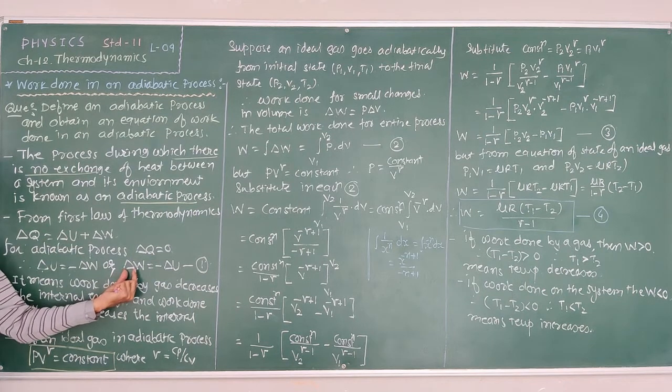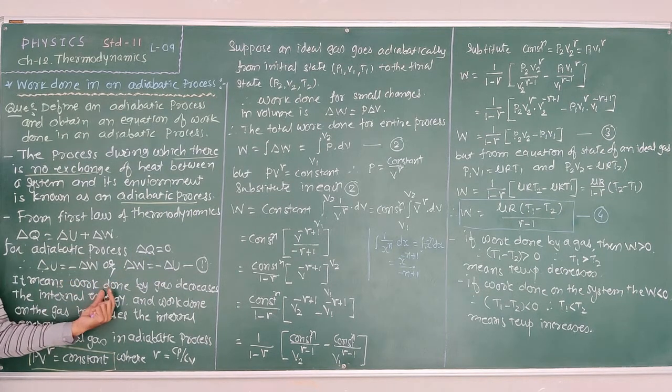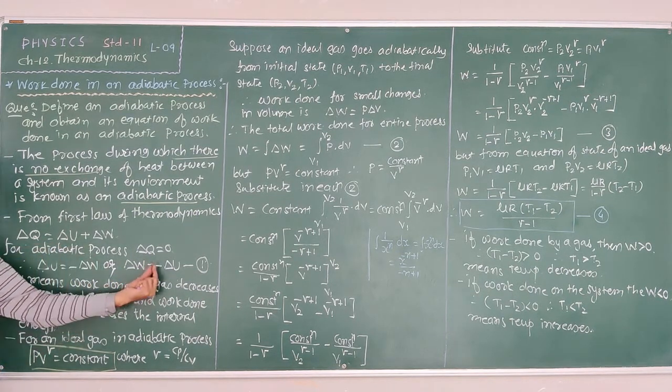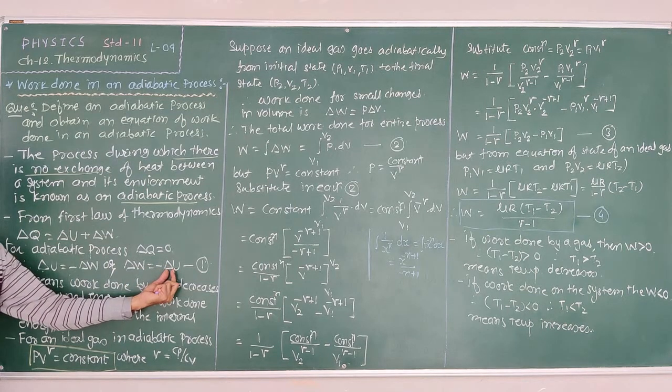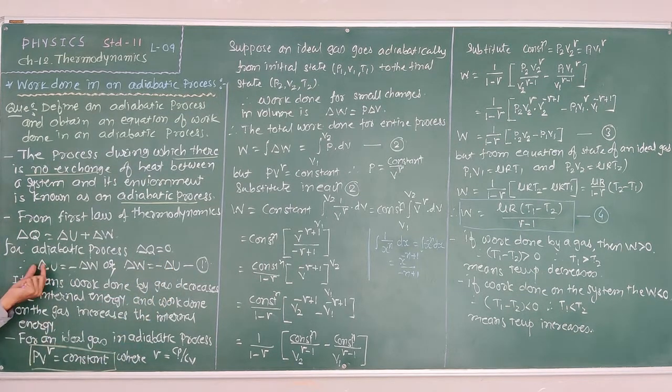If delta W is positive, the work is done by the system on the environment, so it decreases the internal energy. If the work done is negative, that means the work done on the system by the environment increases its internal energy.